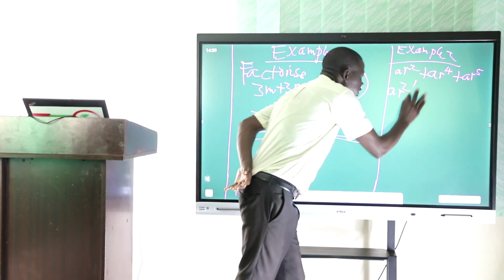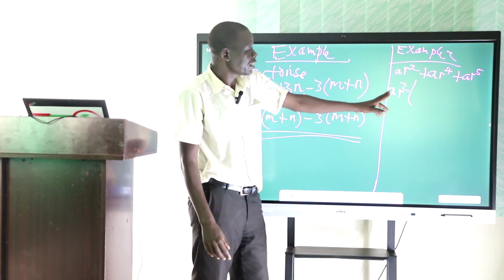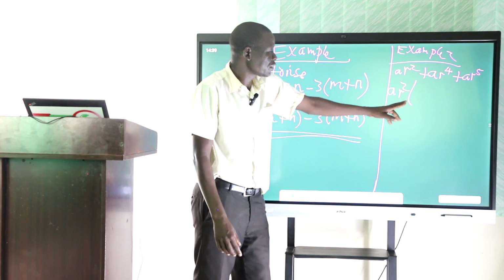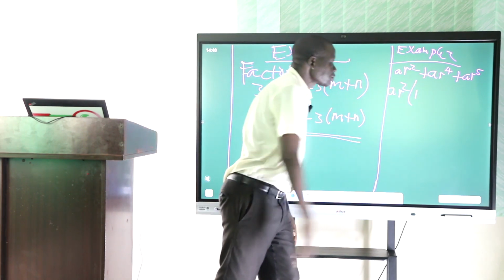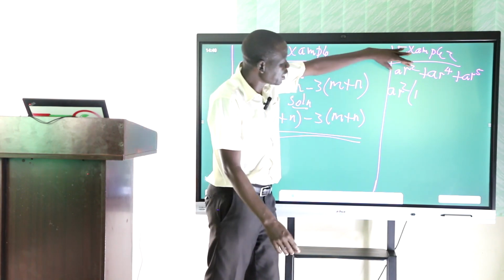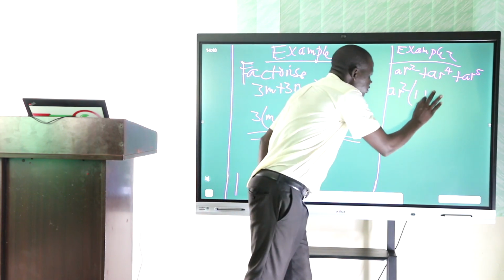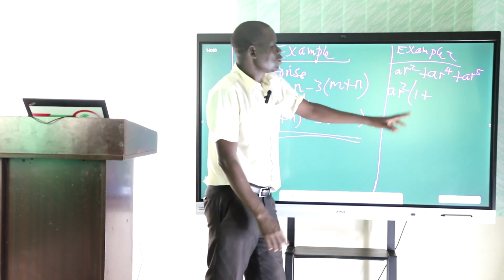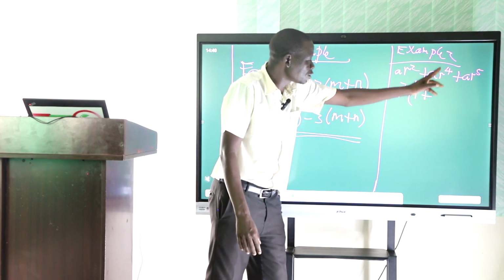AR squared, we pull it out. Now, what can we multiply AR squared with here to give us AR squared? You can say that it is 1. Or we simply say AR squared divided by AR squared, you get 1 plus. What can we multiply AR squared with here to give us AR to power 4?